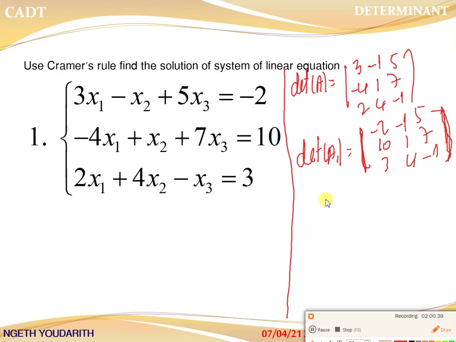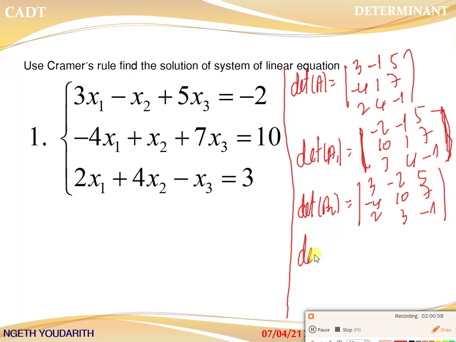And determinant A2 is equal to 3, minus 4, 2, then minus 2, 10, 3, then 5, 7, minus 1. And determinant A3 is equal to 3, minus 4, 2, minus 1, 1, 4, and minus 2, 10, and 3.